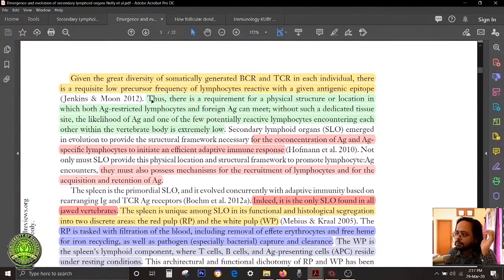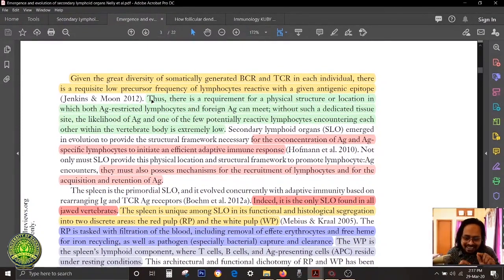But just imagine your body has the capacity to identify millions of different types of antigens. This is only possible because your body generates so many different types of BCRs and so many different types of TCRs, right?